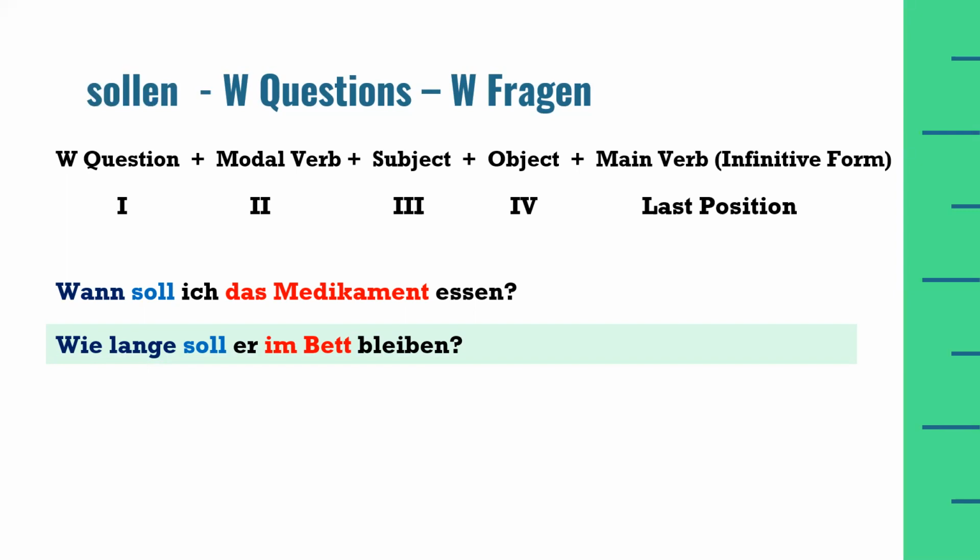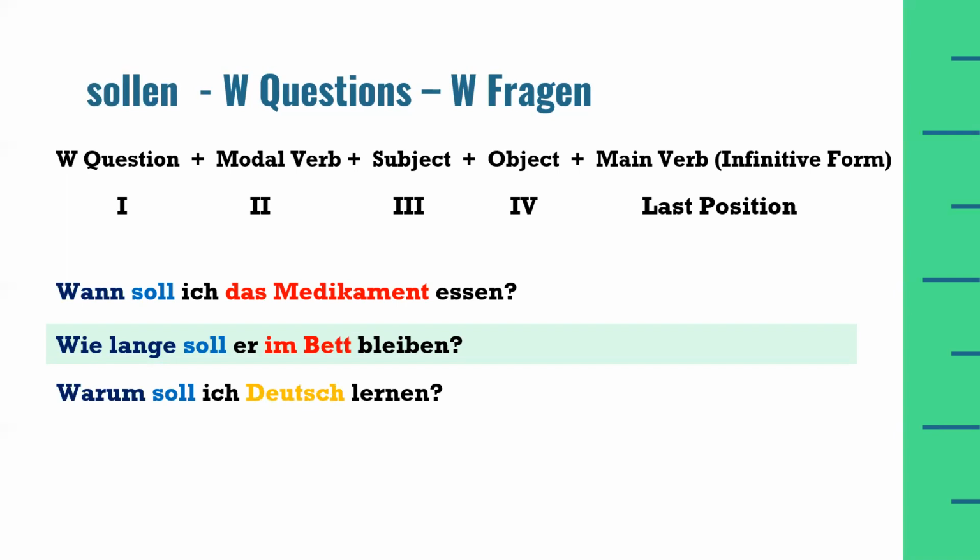At the second position, we are using the modal verb and we are conjugating it according to the subject at the third position. So sollen becomes soll for the subject, then comes im Bett. And at the last position, we are using bleiben as the main verb in infinitive form.